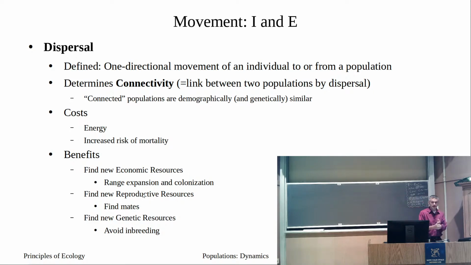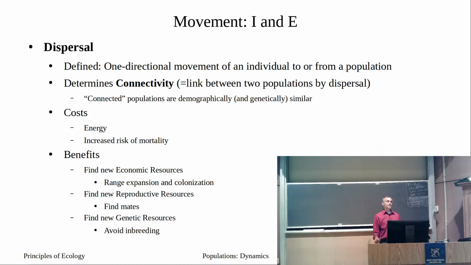And our third thing, and probably also a major benefit, is that it allows us to find new genetic resources. And these new genetic resources that we're talking about is really outcrossing. All right? We're avoiding inbreeding by moving and finding a new population to enter. We spread our genes to that population, all right?